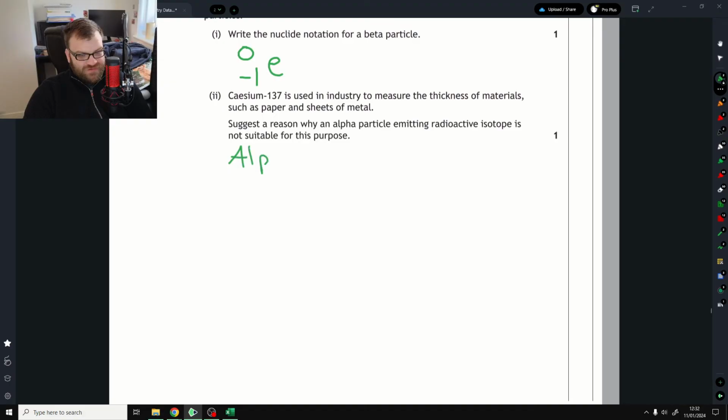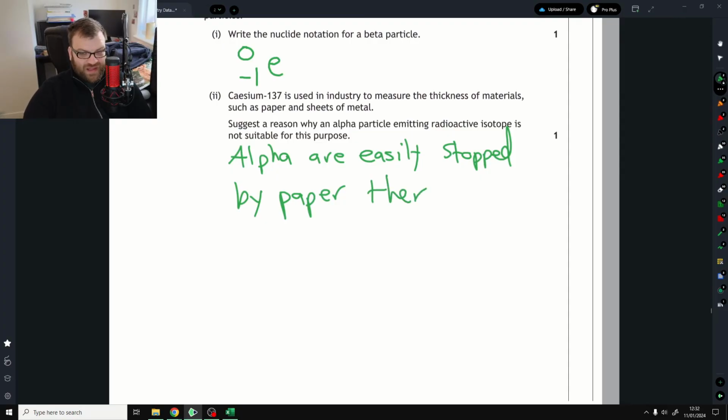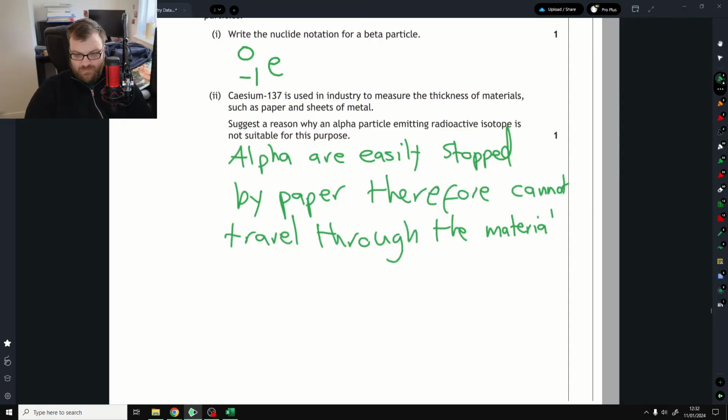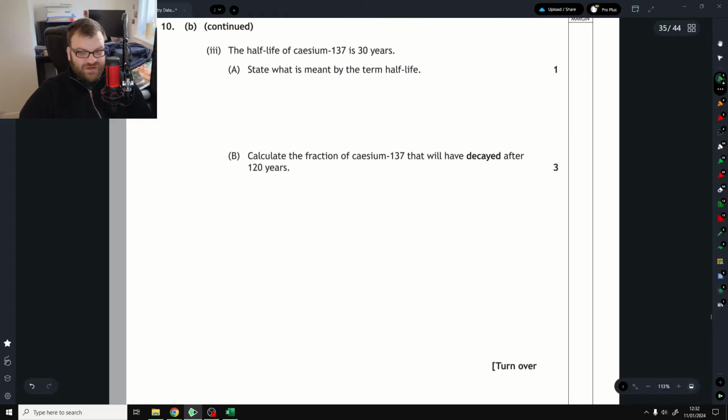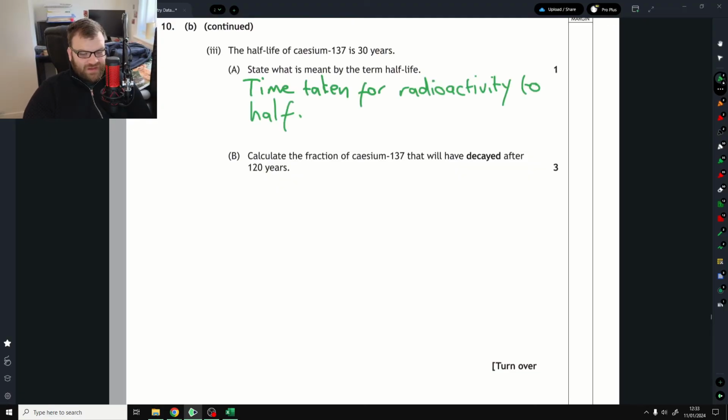Alpha particles are easily stopped by paper, therefore will not travel through the material. That one. Next up, state what is meant by the half-life. It's the time taken for the radioactivity to half. You could talk about time for half the nuclei to decay.